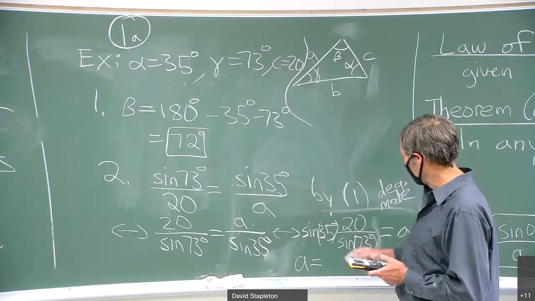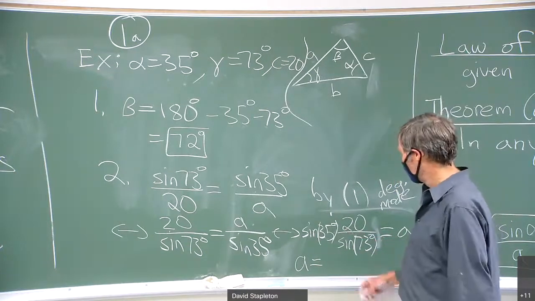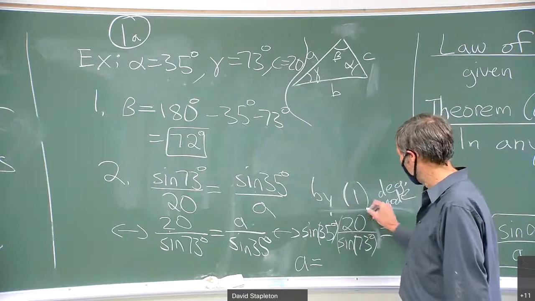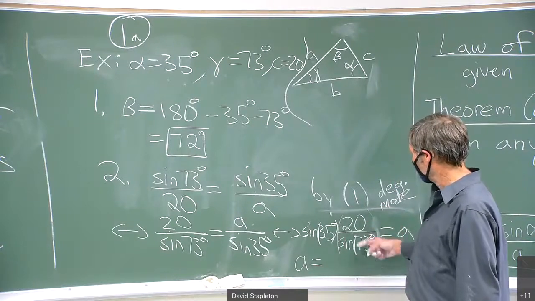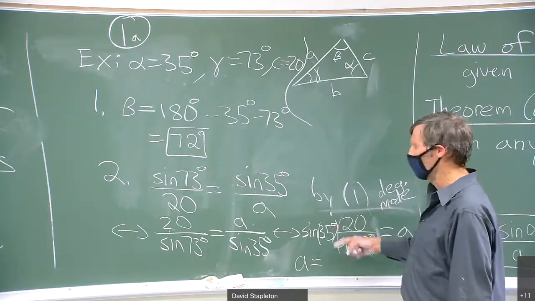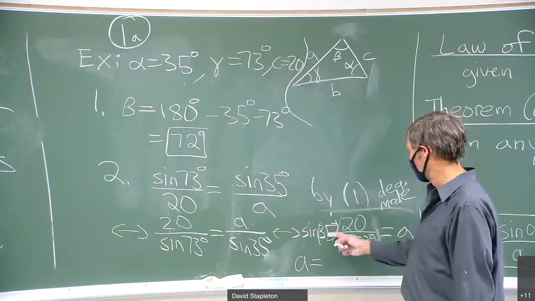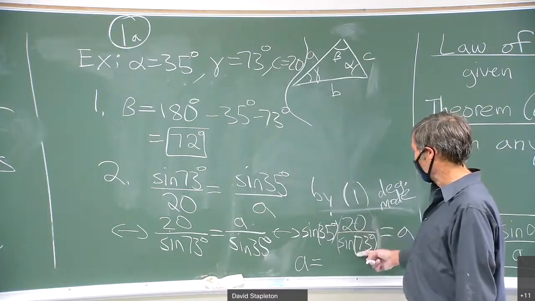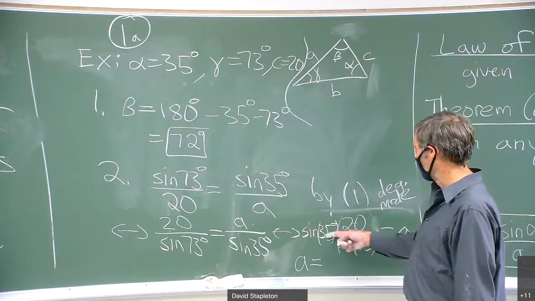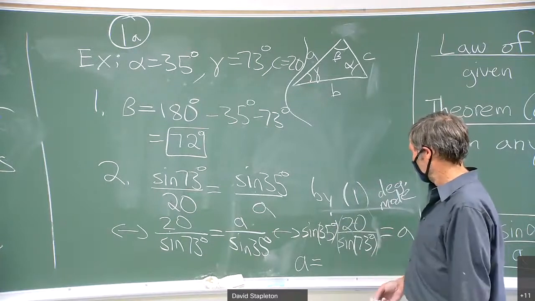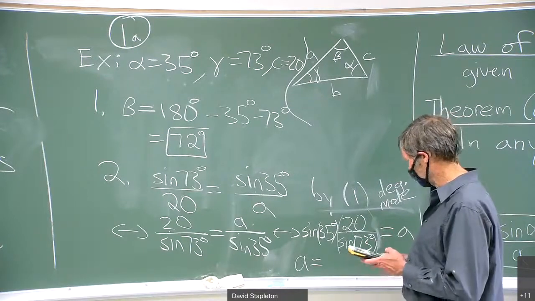So I'll take, and here's the good part. You might say, well, wait a minute, maybe I need to do the multiplication and then the division, or maybe I need to do the division and then the multiplication. It turns out it doesn't matter, right? As long as you close your parentheses here, you multiply first and then divide, or divide first and then multiply. It doesn't matter. So that's the easy part.